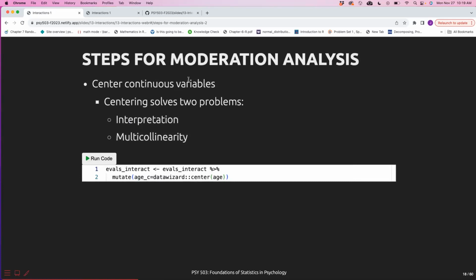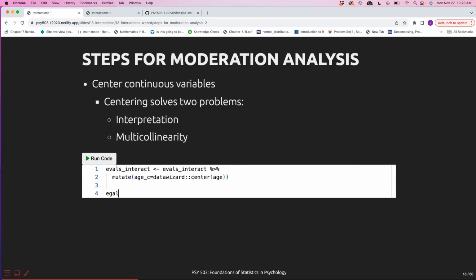We have one continuous variable in our data set, which is age. When we interact these 2 terms, we're artificially creating multicollinearity. To help solve that issue, we're going to center the data, which we did before the break. That's what this code is showing, centering the age variable.